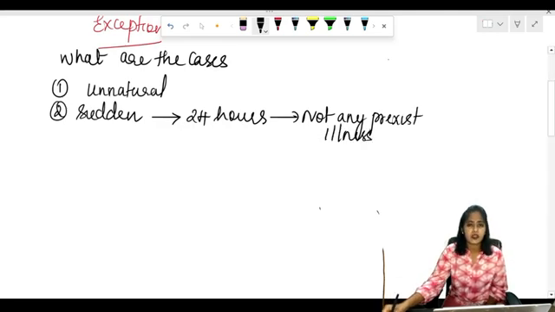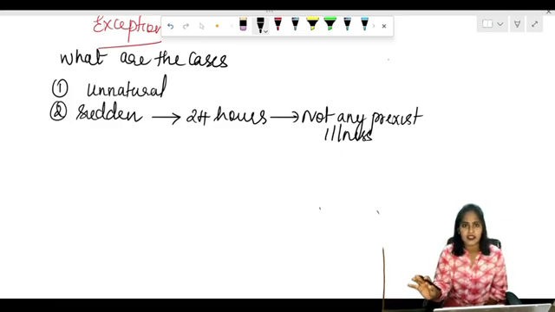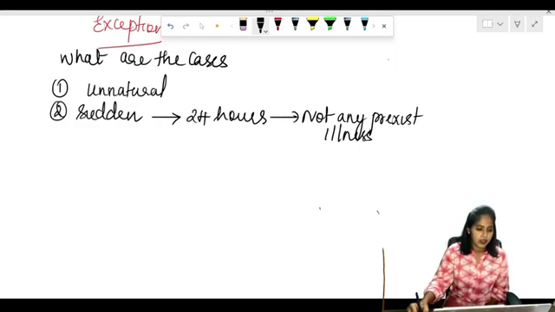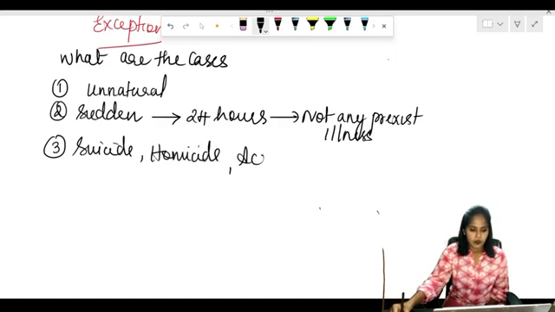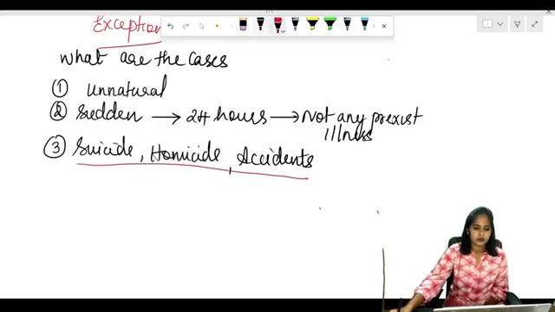For example, a middle-aged man who is not suffering from any illness has had his tea, came and sat in his office, and suddenly he has collapsed. So that is a sudden death. Okay, and the third one is suicide, homicide, accidents. This point is very important when it comes to your NEET PG, right?